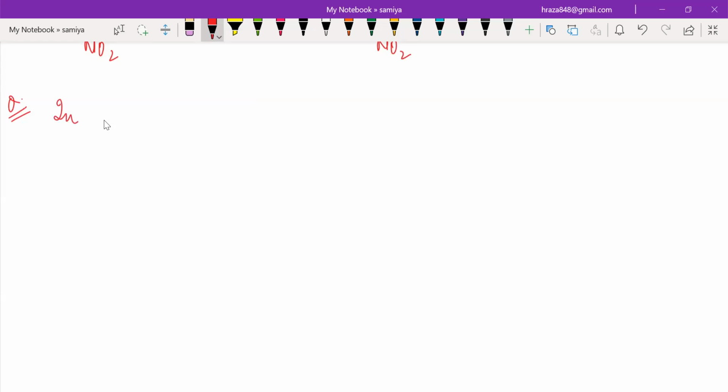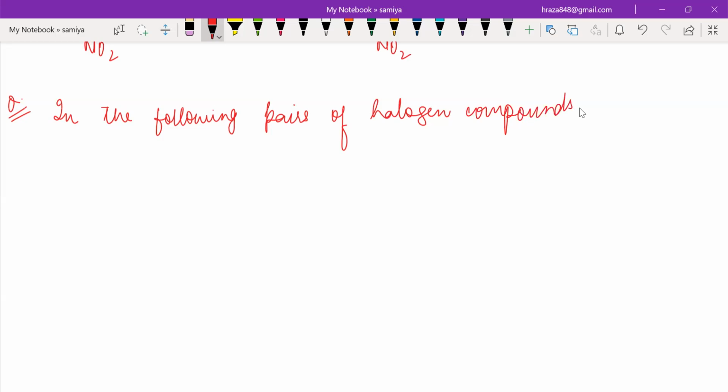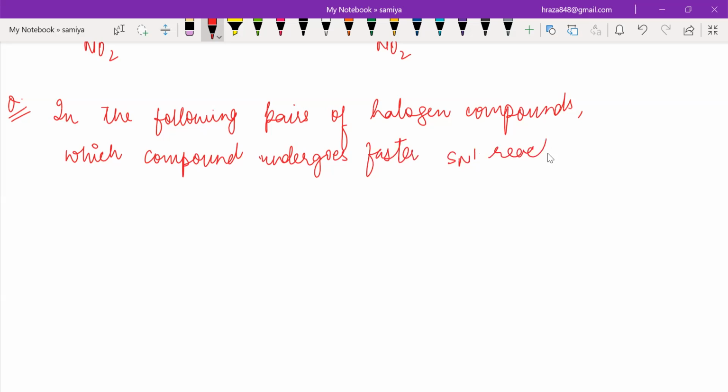In the following pairs of halogen compounds, which compound undergoes faster SN1 reaction?